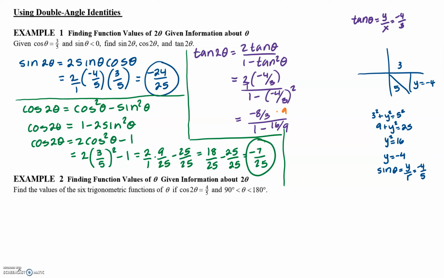The top by 9, this would cancel, get a 3, so that would give me a negative 24 in the numerator. The denominator, distributing, would be 9 minus 16, which is negative 7. So negative 24 over negative 7, or 2 negatives make a positive: 24 over 7. So there is tangent of 2 theta.